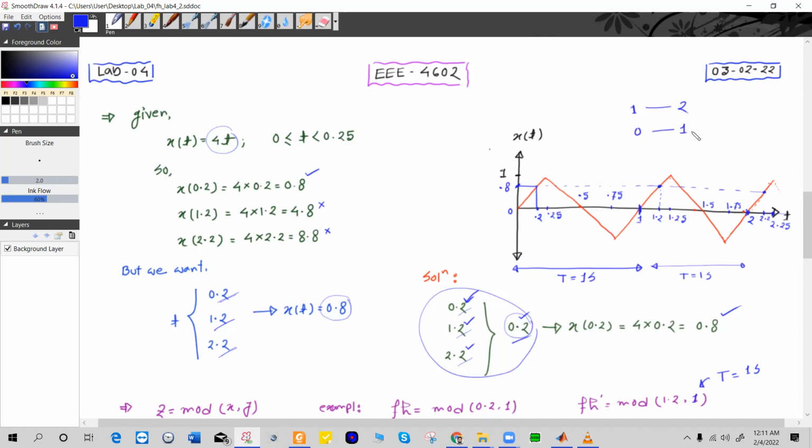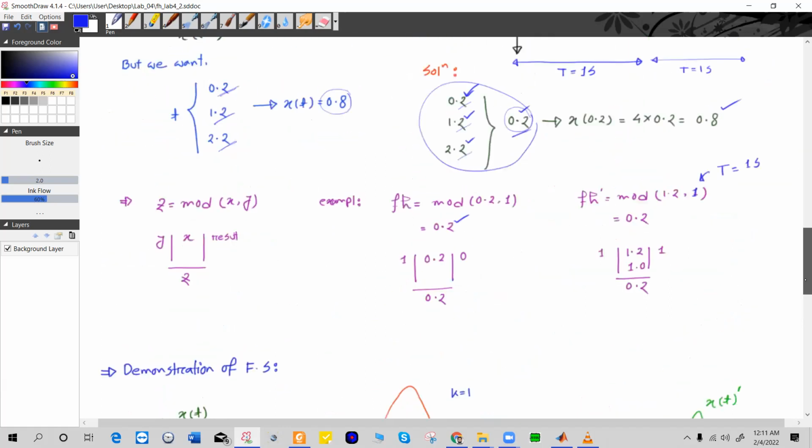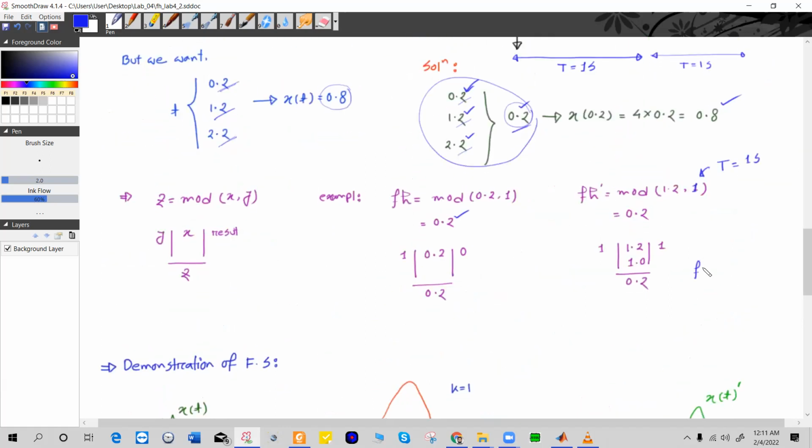So if you see what I have said, this 1 will again be converted to 0, this 2 will again be converted to 1. How? You see, if I say mod(1, 1), it will give you 0.